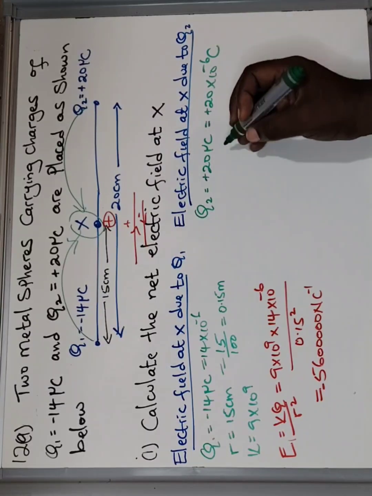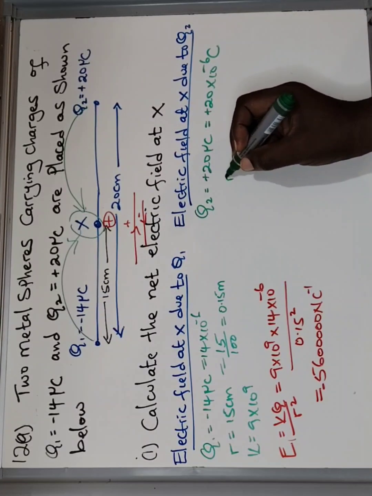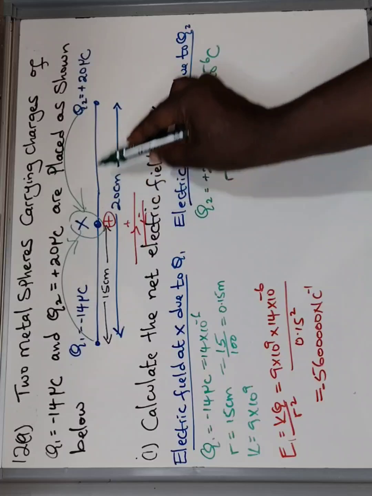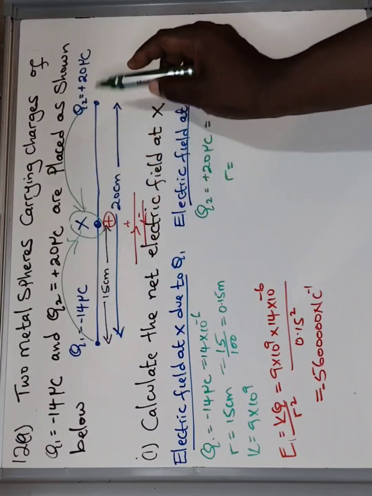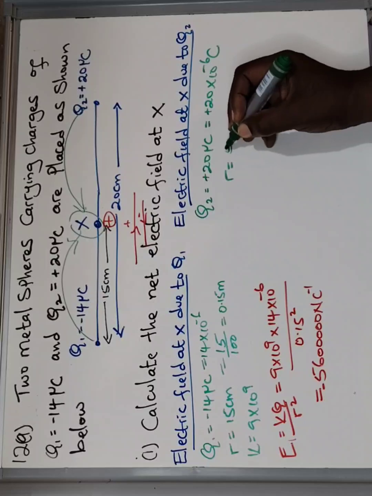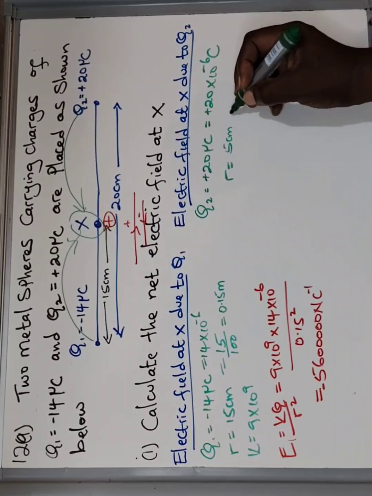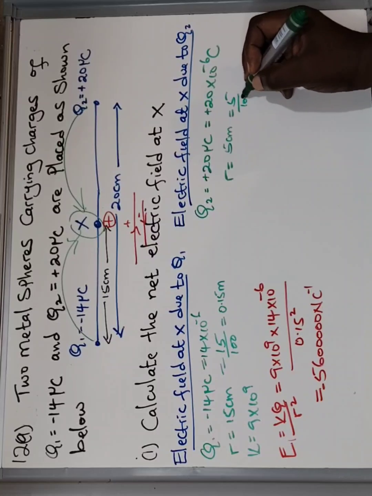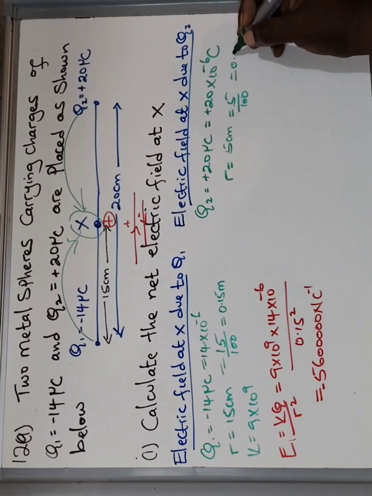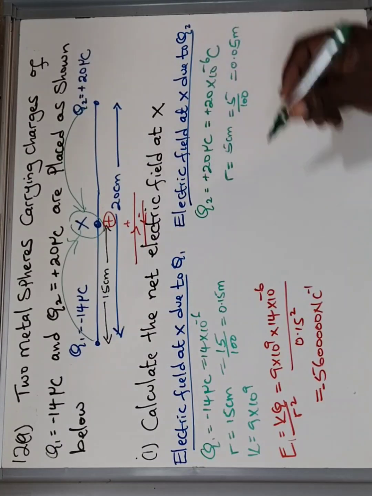What else do we know? We know R. Our R is this distance from here to there. If this is 20 and this is 15, what is this one? It's 5 centimeters, which is the same as 5 over 100, so the answer is 0.05 meters.